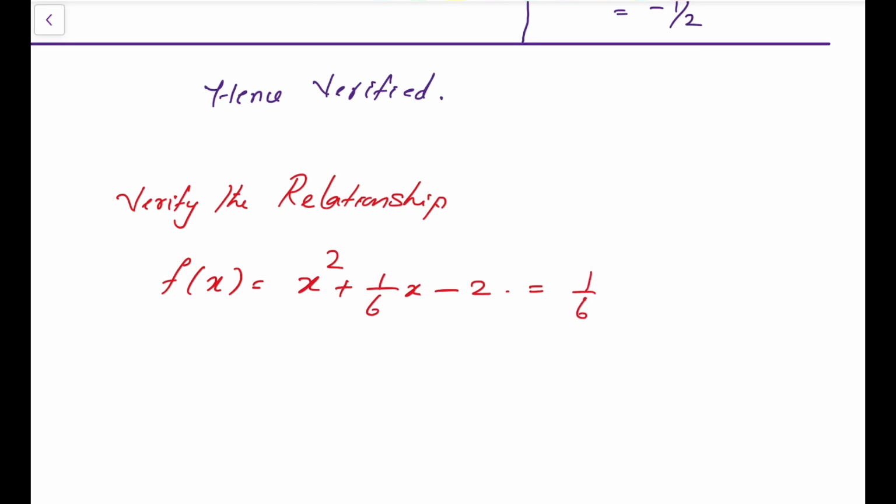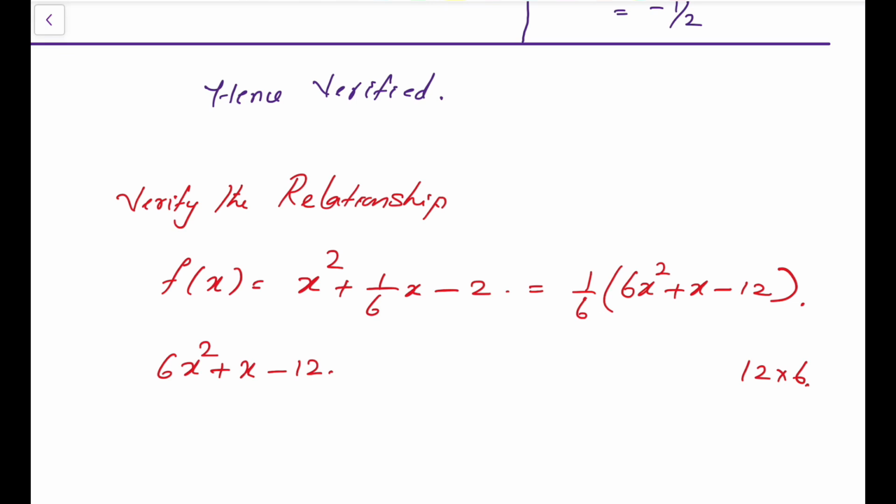So we will convert this, take the LCM. So it will become 6x squared plus x minus 12. So we will find the zeros using this polynomial 6x squared plus x minus 12.